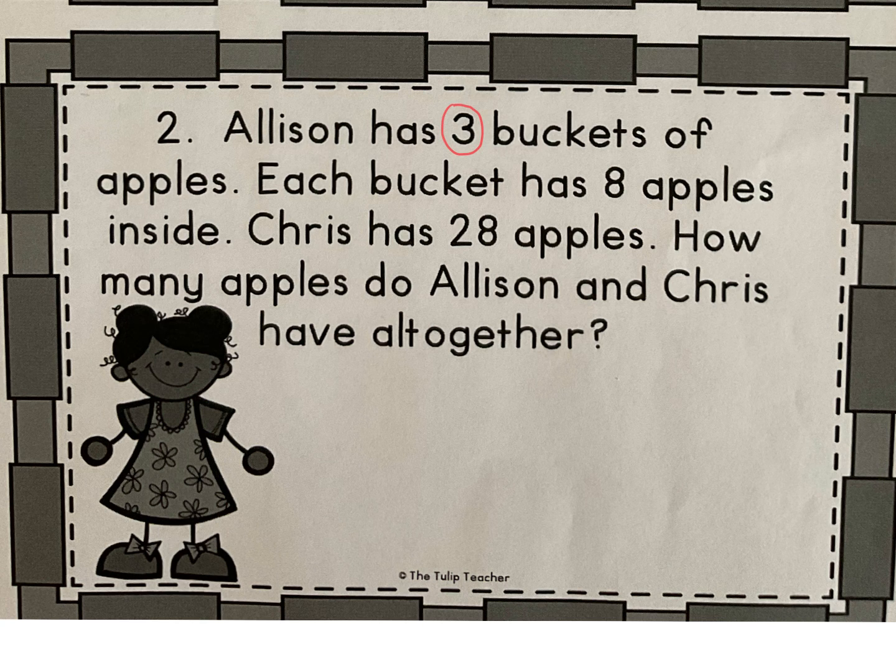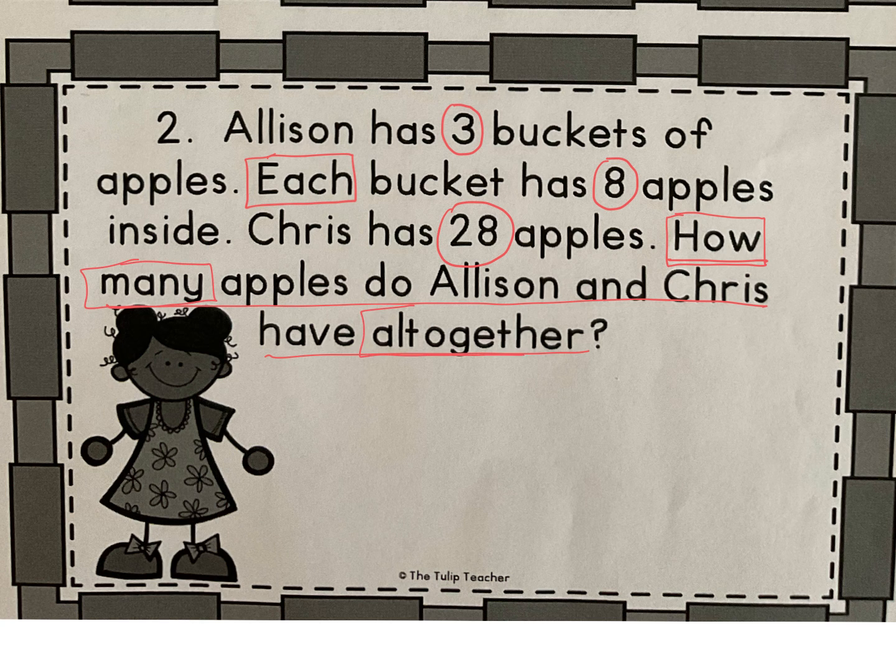Each bucket has 8 apples inside. Okay, so I'm imagining these 3 buckets and each one has 8 inside of them. Chris has 28 apples. How many apples do Allison and Chris have all together? Okay, so how many?